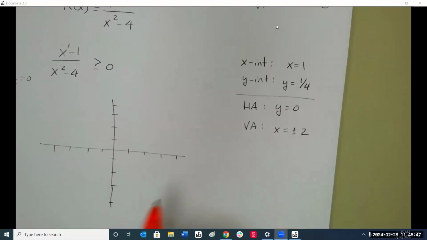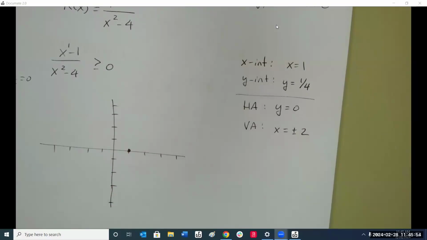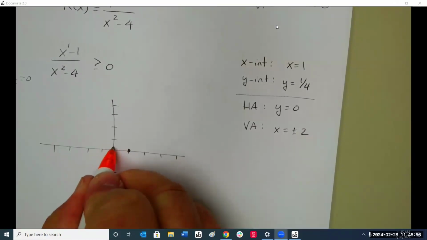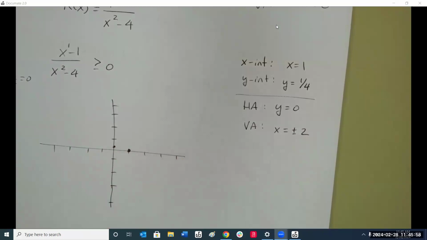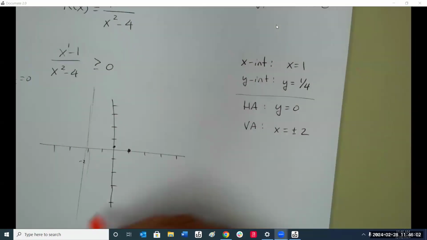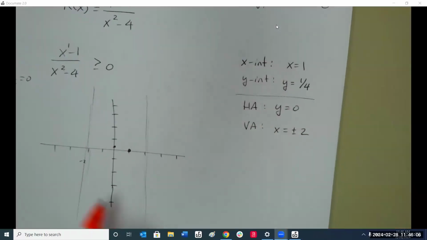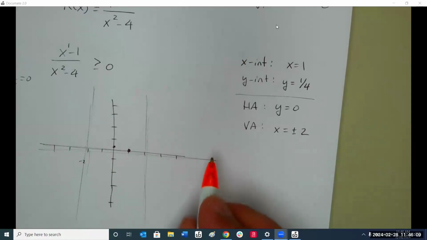All right, so we have our x-intercept at 1, our y-intercept at 1/4, and -2 and +2 are our vertical asymptotes.